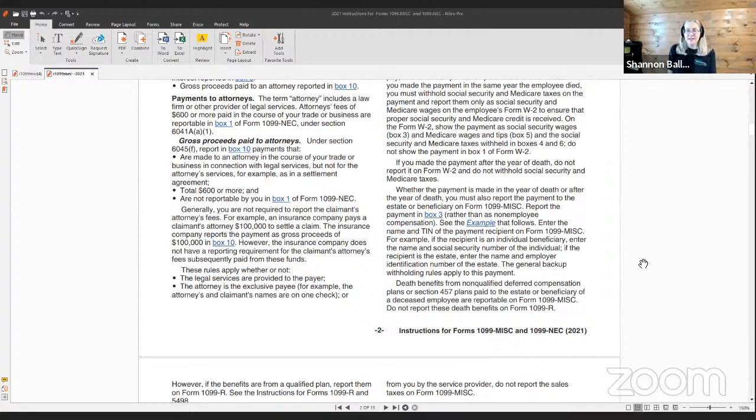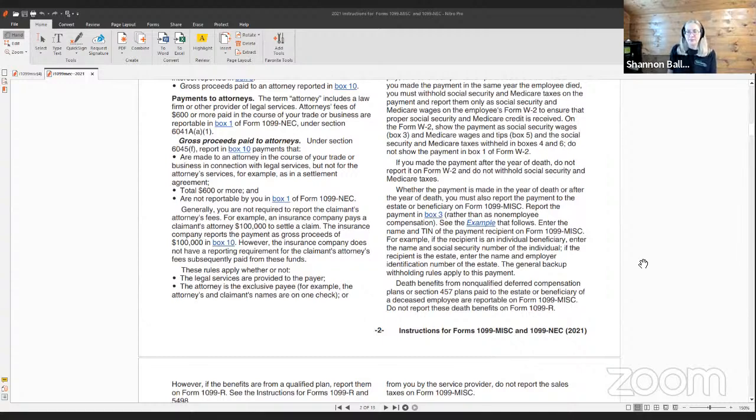Enter the name and TIN of the payment recipient in Form 1099 miscellaneous. For example, if the recipient is an individual beneficiary, enter the name and Social Security number of the individual. If the recipient is an estate, enter the name and employer identification number of the estate. The general backup withholding rules apply to this payment.